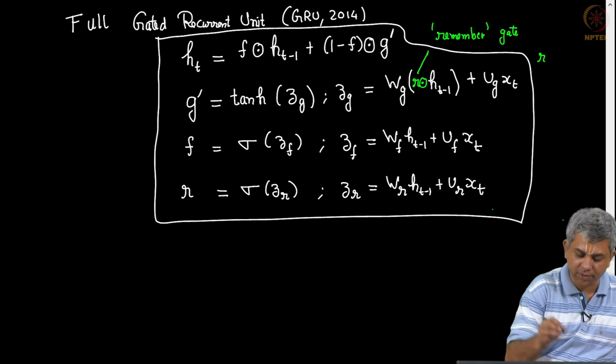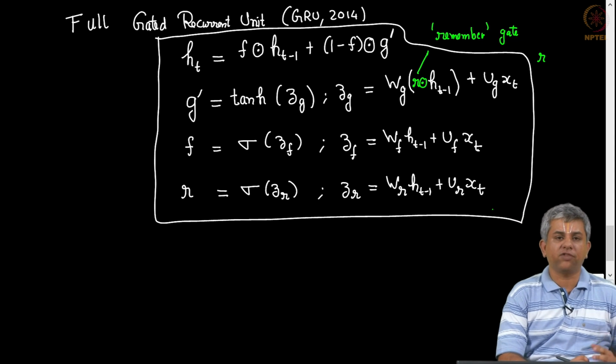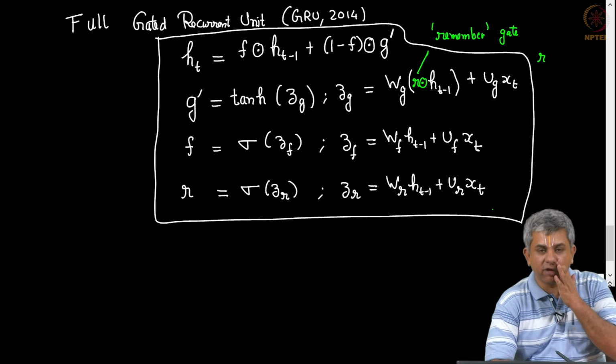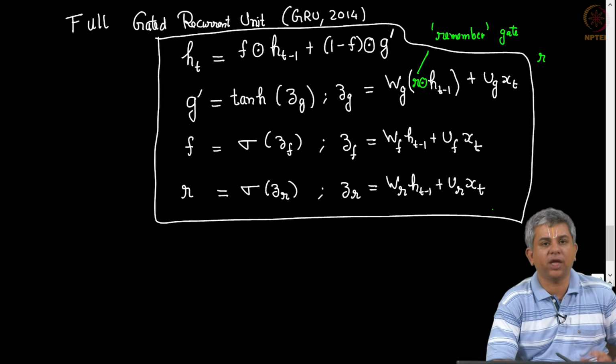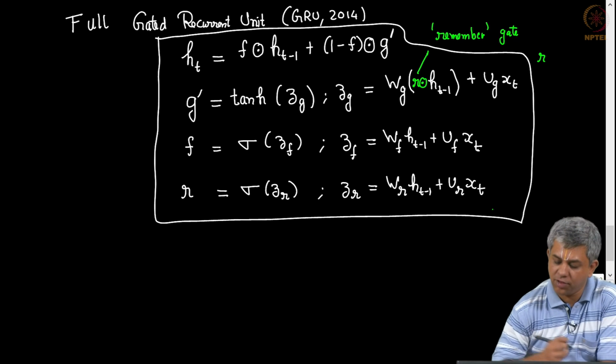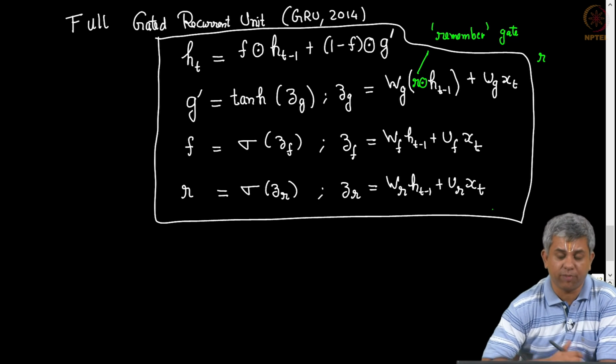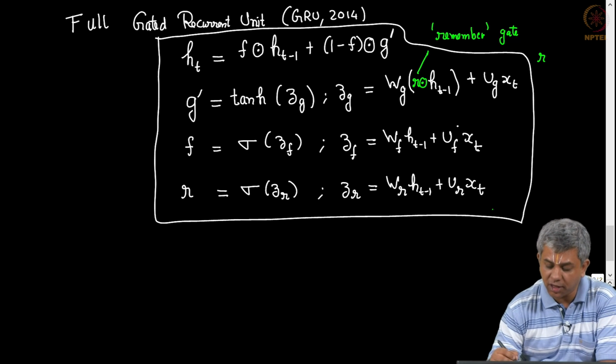So, this is the full gated recurrent unit. Okay. A few comments here. So, what is it that we have achieved by doing this? First thing, we have introduced many more parameters. Remember, in the usual vanilla RNN, we only had two matrices W and U. Okay. Now, you have 6 sets of matrices Wg, Ug, Wf, Uf and Wr, Ur.